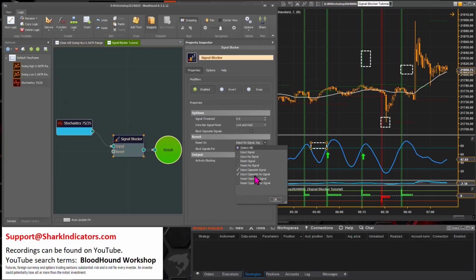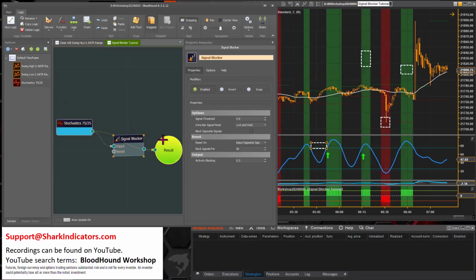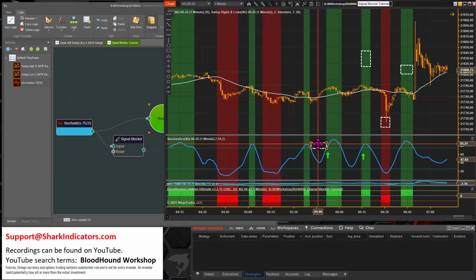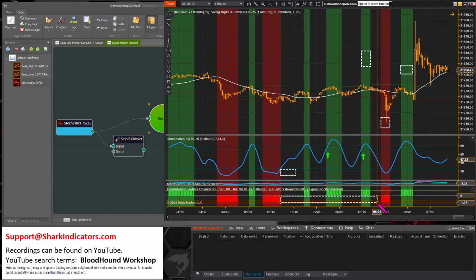So this input opposite signal would be referring to when there's no short signals. Actually, I should be drawing this down here in the BloodHound output.